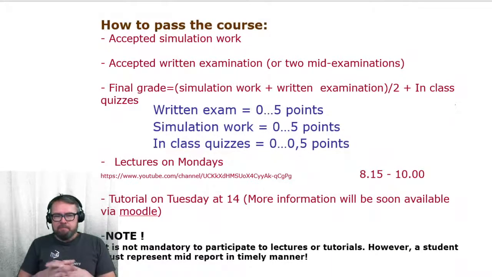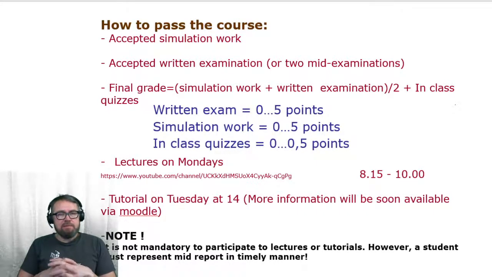How to pass the course? What are the important ingredients or components to pass the course? Two components, equally important. So this is important to keep in mind. It's not enough to do just the written exam, or just the simulation work, but you have to do both.